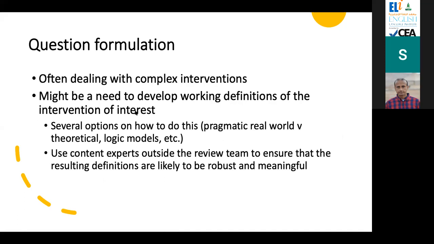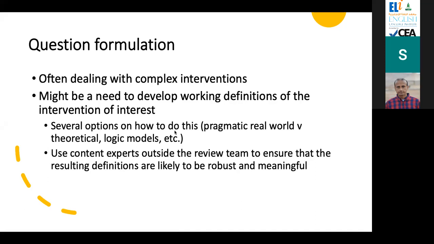Right. Often, when dealing with complex interventions, it might be needed to develop working definitions of the interventions of interest. Interventions mean we want to see the impact of something on another thing. So this intervention can sometimes be a broader variable in our question when we are formulating it, and that can also be a critical point that we have to determine.